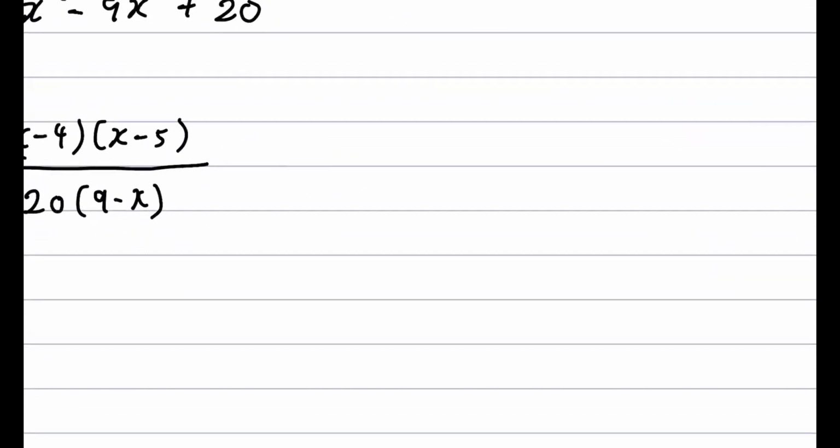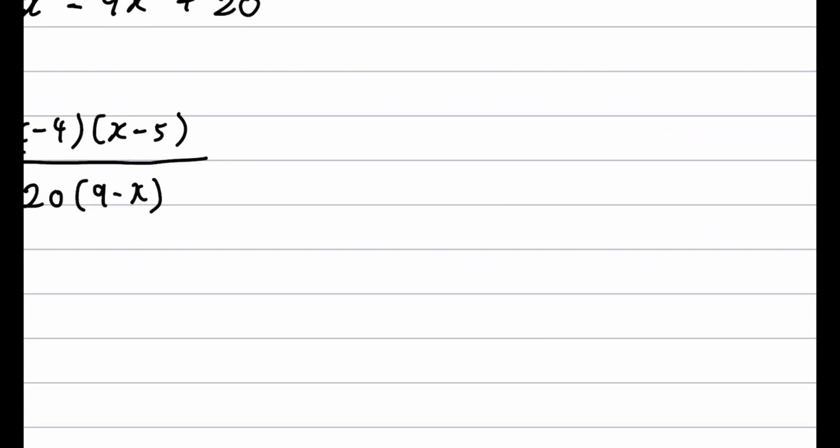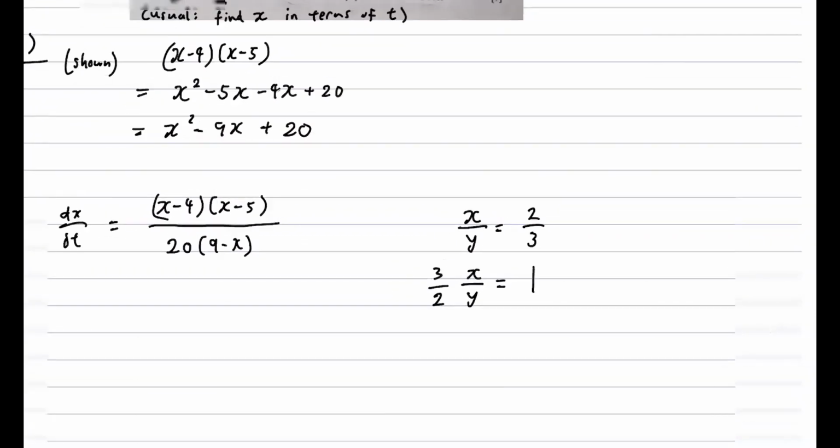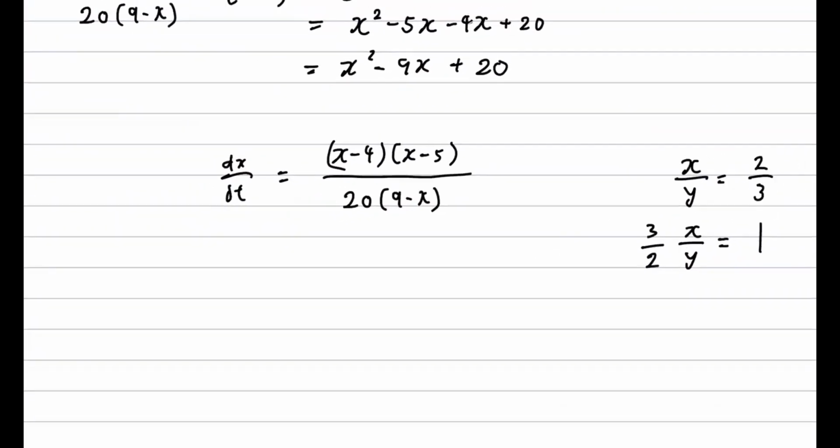Let's just think of an easy example. Like let's say you have, I don't know, x over y equals to 2 over 3. If you bring over, do you agree it's just 3 over 2? You flip the fraction around, times x over y equals to 1. So same thing over here. It's just that instead of 2 and 3, we got a bunch of x minus 4 times x minus 5 and 20 times 9 minus x.